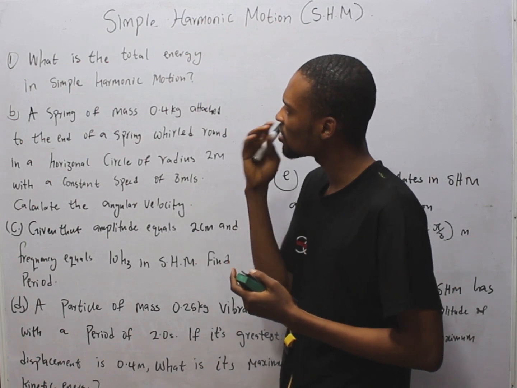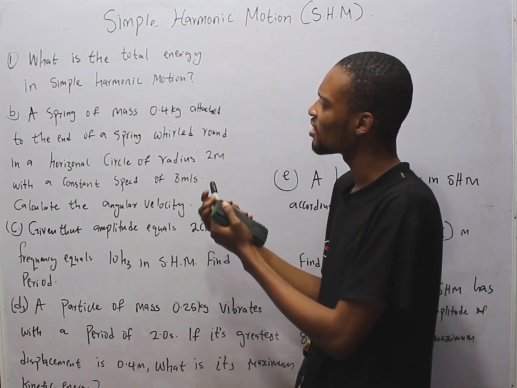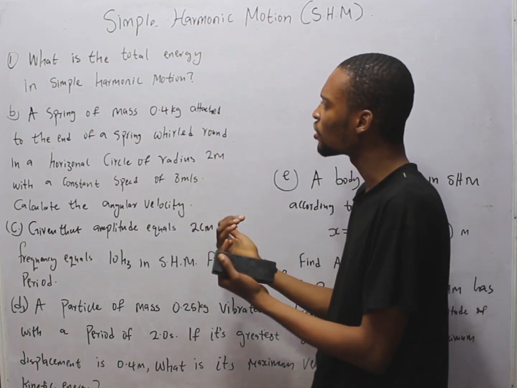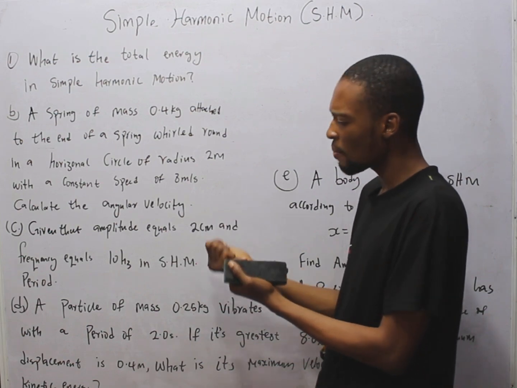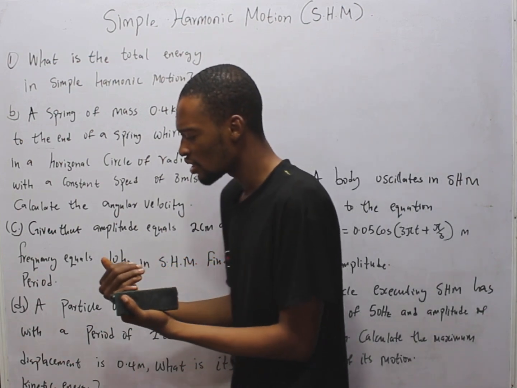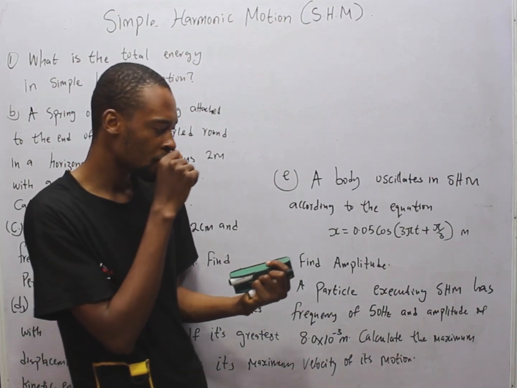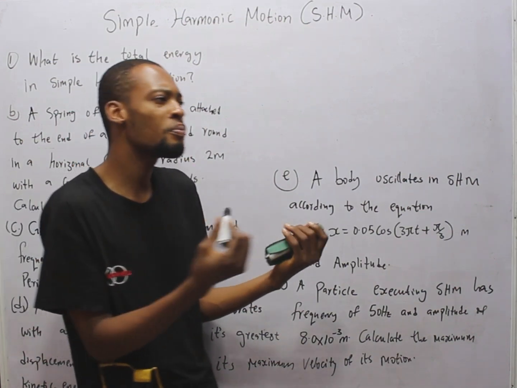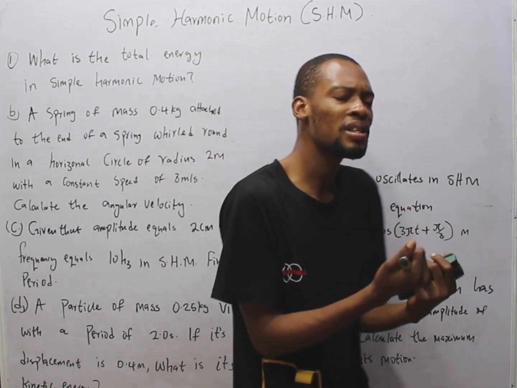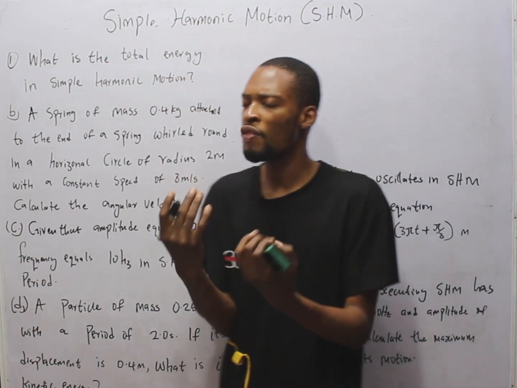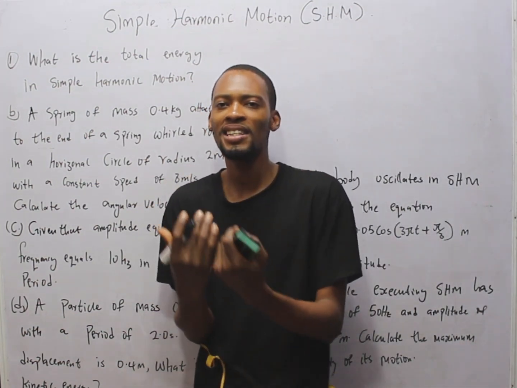The first question says, what is the total energy in simple harmonic motion? Remember, energy is the ability or capacity to do work. The total energy in simple harmonic motion is simply the sum of the potential energy and the kinetic energy.